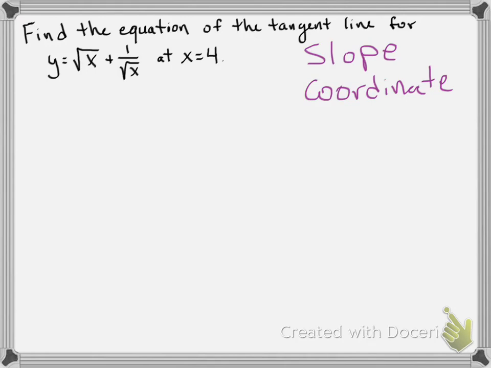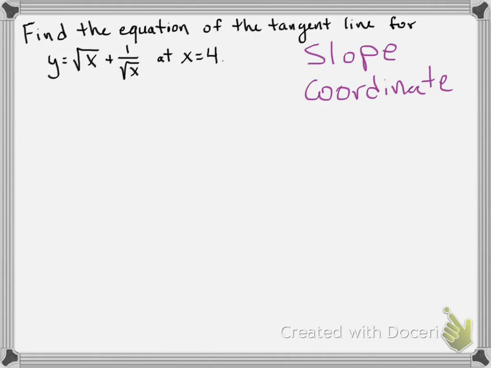So, coordinate, we'll start there. To get the coordinate, that's relatively easy. We already have an x value. X is equal to 4. So, all we need to do is take that and plug it into the equation. If we plug 4 into the equation, we will have our y value.